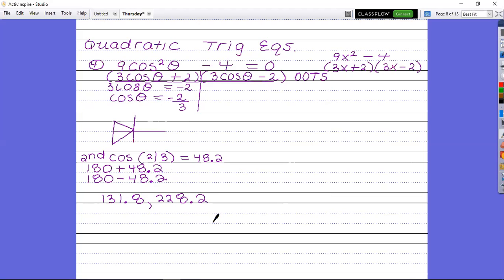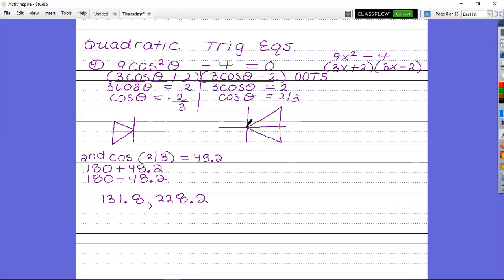I was not ignoring it on purpose. We do this one. So I'm going to have 3 cos theta equals 2. Yes, it's pretty much the same thing. So cosine of theta is 2/3. So cosine is positive in quadrant 1 and 4. And that's where our other 2 answers are going to come from.